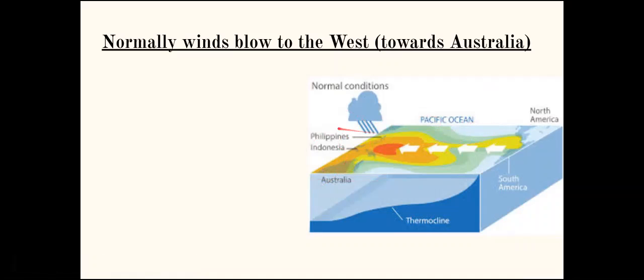Now, when the wind travels this way, it brings with it the warm surface water as well as rainfall. So the warm water and that precipitation is going to go over here. So the Philippines, Indonesia, and Australia are used to a decent amount of rain, whereas South America and the western side of North America are used to generally drier climates.